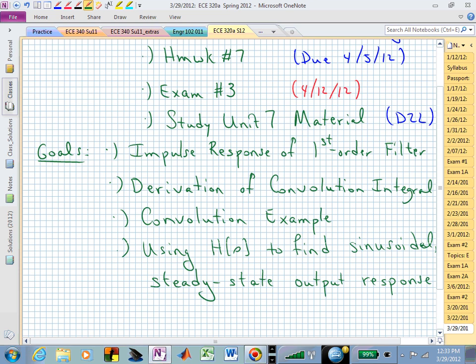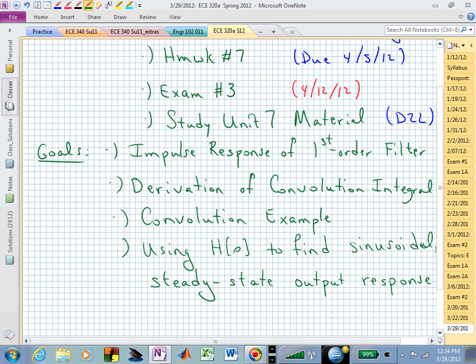As we've talked about before, there are many different transfer functions for a given system or circuit, meaning you could have a lot of impulse responses associated with one circuit. It just depends on how you define the input and the output for a given transfer function.